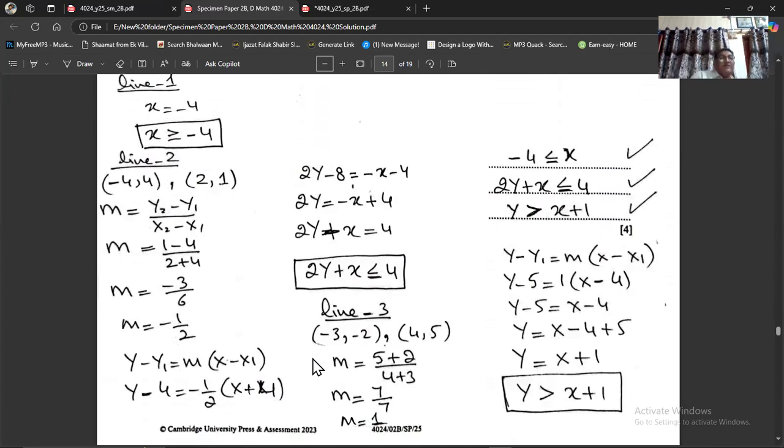It will be 5 plus 2 divided by 4 plus 3, that is 7 by 7, that is 1. Then I will find the equation of the line number 3, that is y minus y1 equals to m bracket x minus x1. So it will be y minus 5 equals to 1 bracket x minus 4. Y minus 5 is equals to x minus 4, and y will be equals to x minus 4 plus 5. And y will be equals to x plus 1.